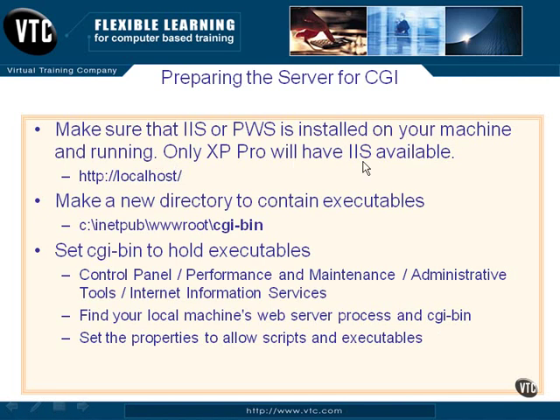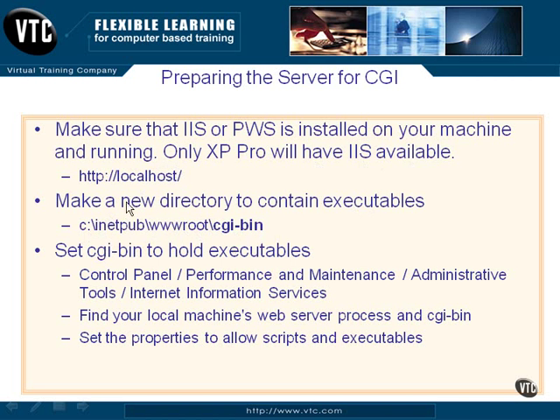Now, if XP Pro is running, which is what we have here, we have IIS on there, localhost works, and now we need to make a place to put our executables within the server's directories that it uses. IIS is commonly installed to inetpub wwwroot, and that's its home directory where it keeps things.